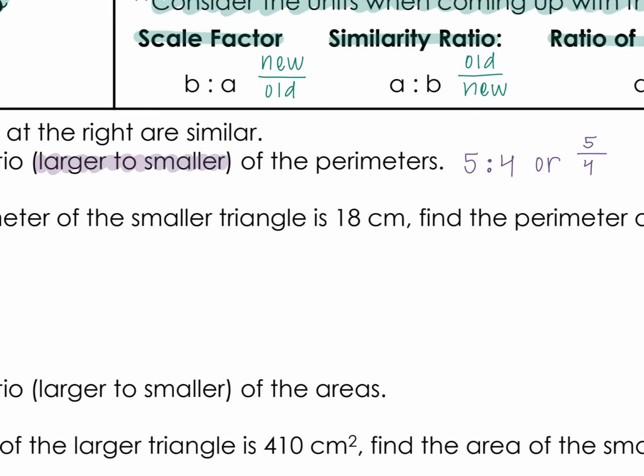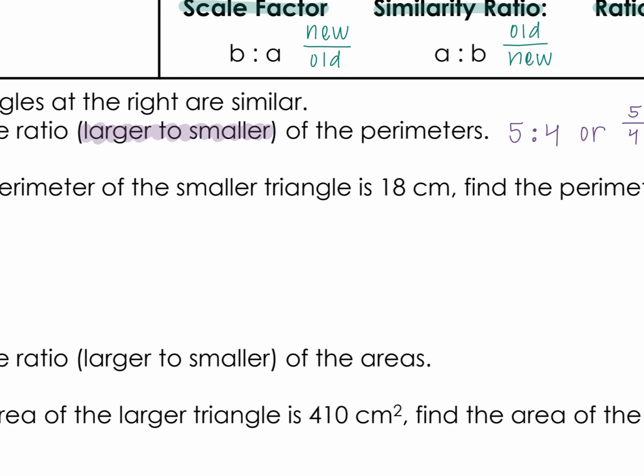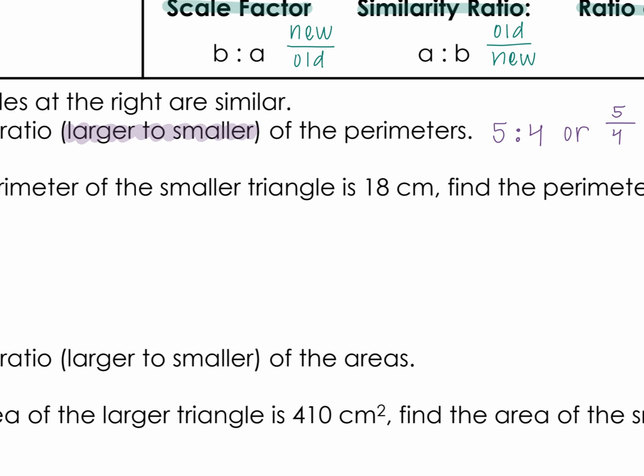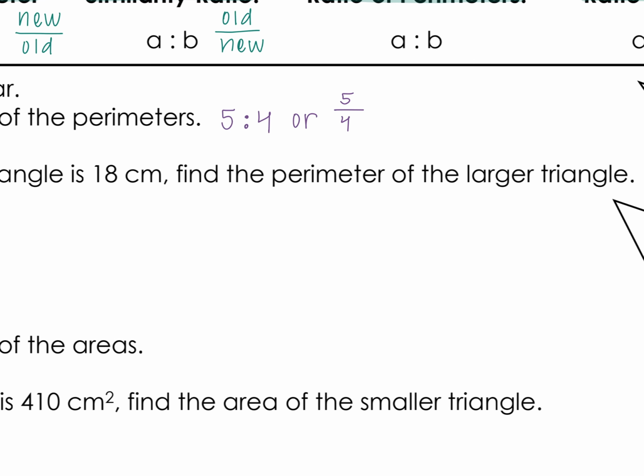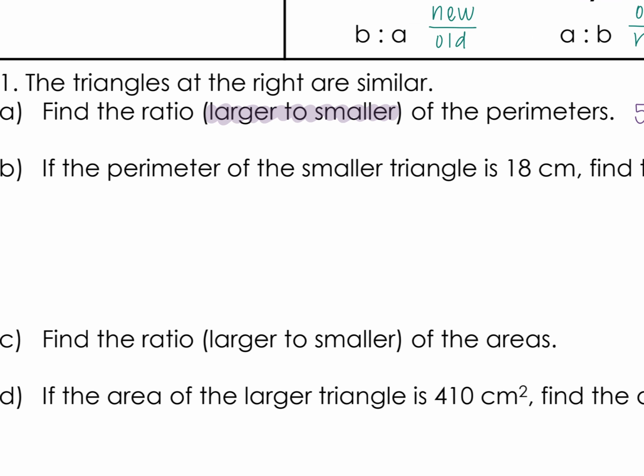Okay, moving into part B here, we have if the perimeter of the smaller triangle is 18 centimeters, we are asked to find the perimeter of the larger triangle. So since we are trying to find the perimeter, and once again, you are unable to actually find perimeter, we are going to use the ratios.